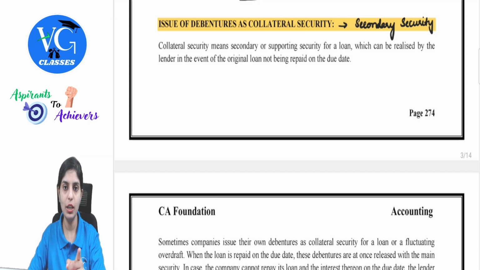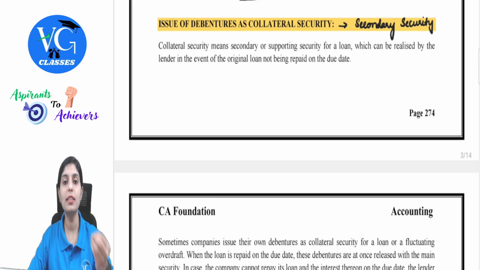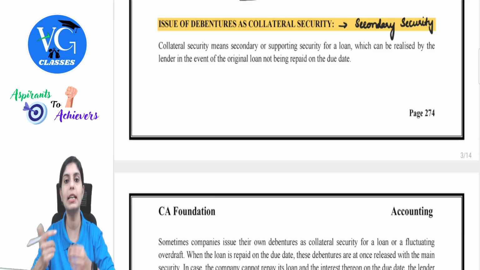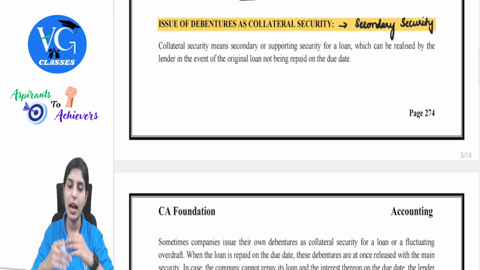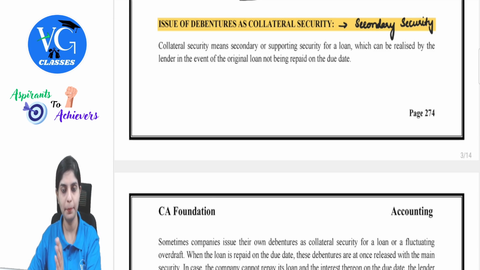If there is a default by the company in respect of payment of interest on loan or repayment of loan installments, then the bank will obtain all rights to obtain the ownership of debentures. Because ultimately, if you think from company's point of view, debentures also represent a liability. So another liability that is taken as a bank loan, I'm just providing this as an additional security.